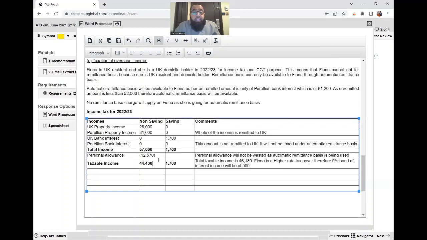Then she had taxable income, 44,430 and 1,700. Her total taxable income shows that she is a higher rate taxpayer. So the 0% band of interest income will be of 500. Now we will calculate tax. Non-saving income is 44,430.